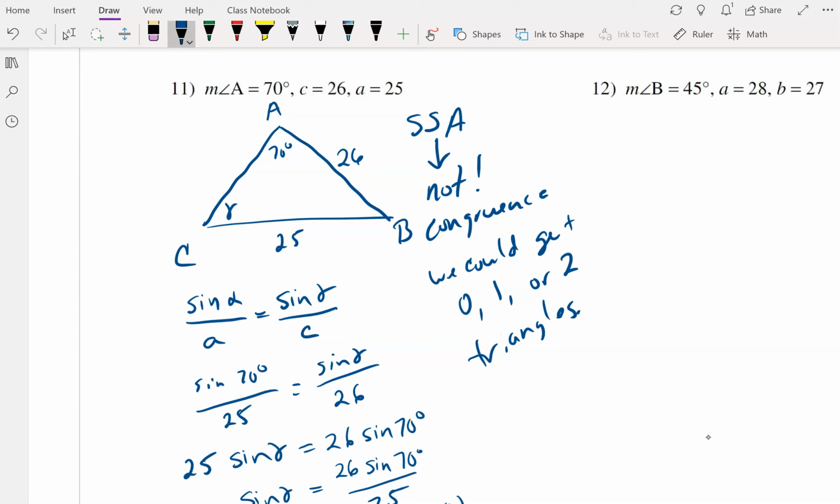Anytime you get two sides and an angle that's not in between them, you could get more than one triangle. You might not get any.